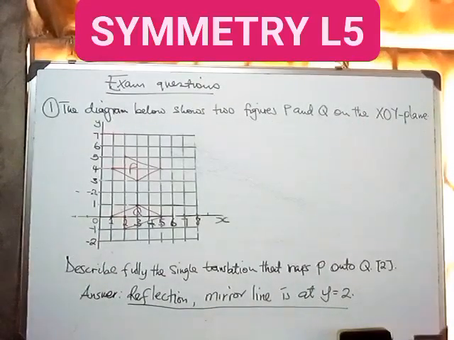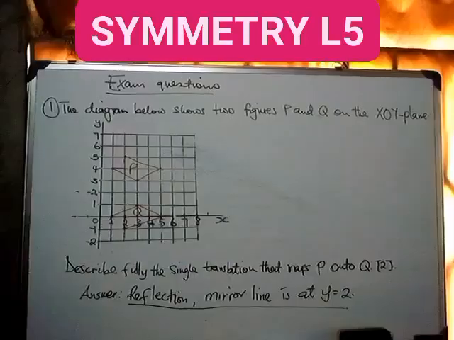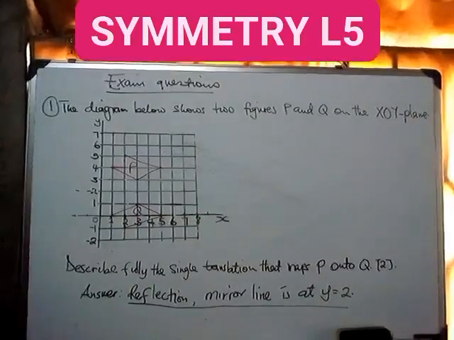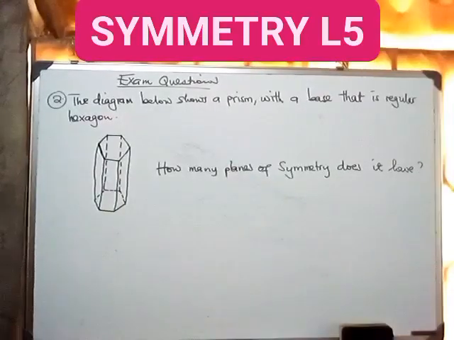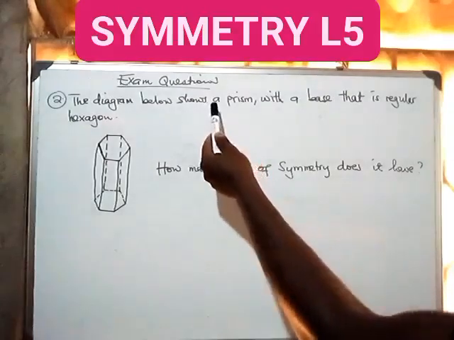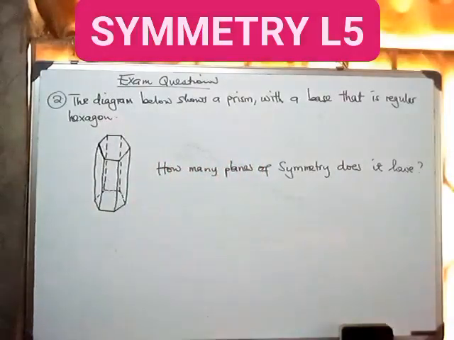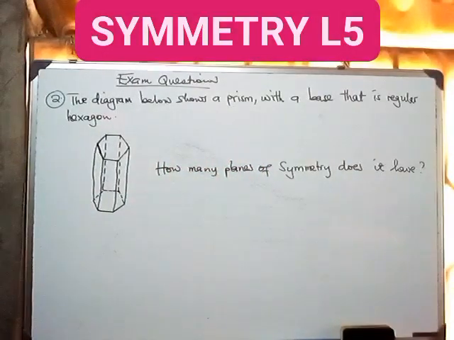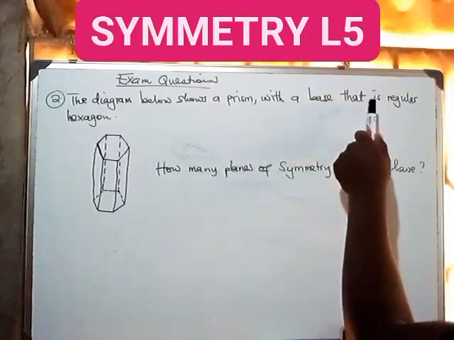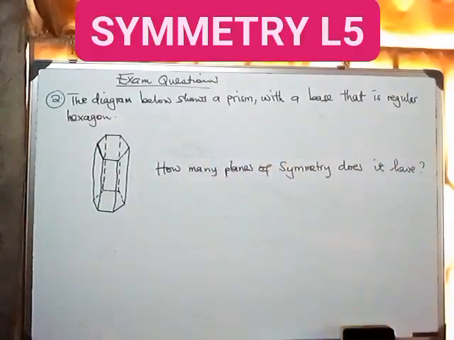Let's see the other question which I have chosen. Another question says the diagram below shows a prism with a base that is a regular hexagon.